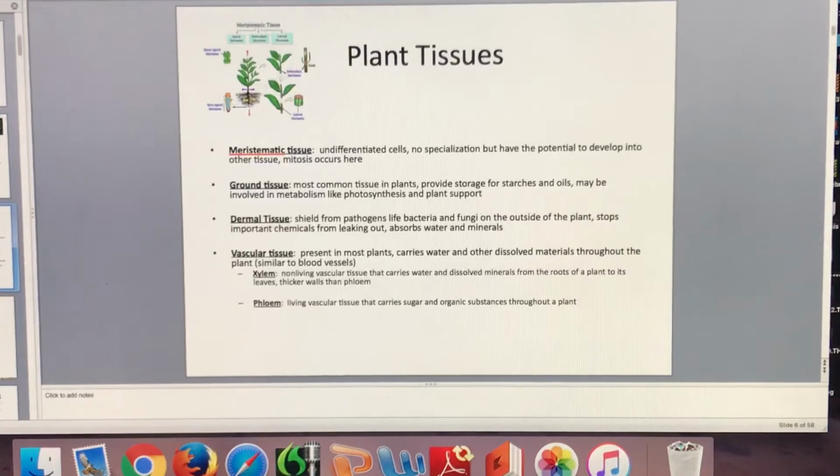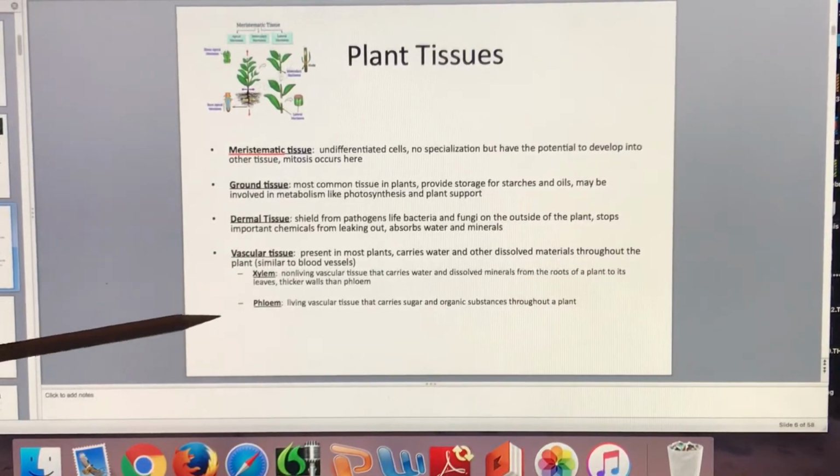And then finally you have what's called the vascular tissue, which is present in most plants, although not all. It carries water and other dissolved materials throughout the plant, so it's similar to blood vessels. It makes up the veins in leaves, just like the veins, for example, are in our limbs.